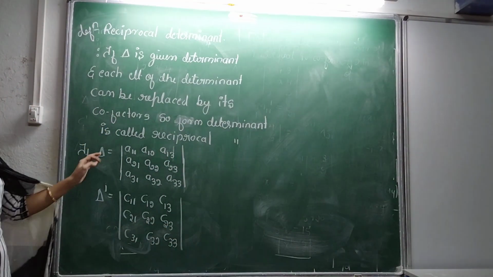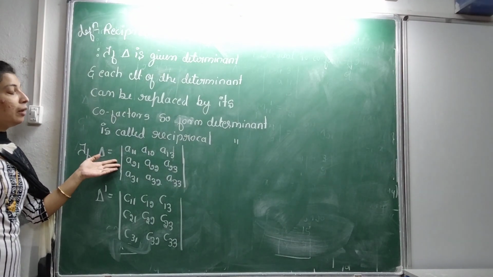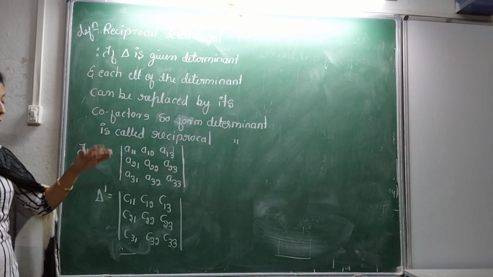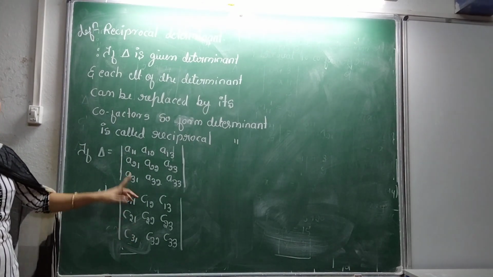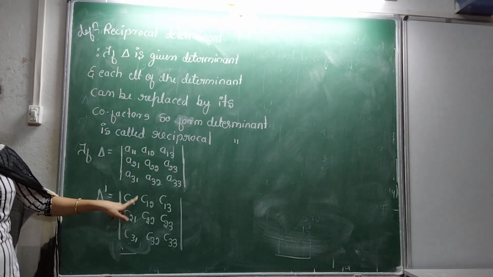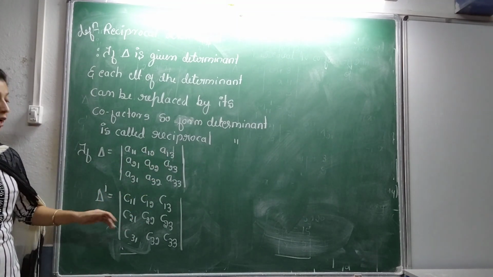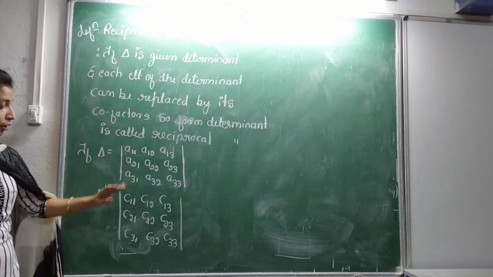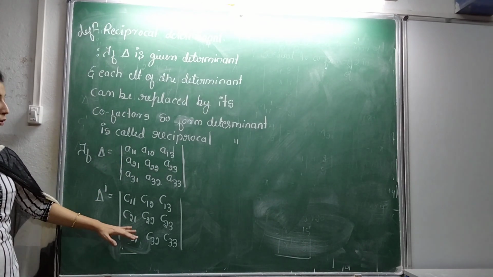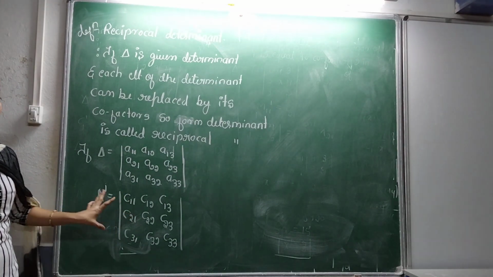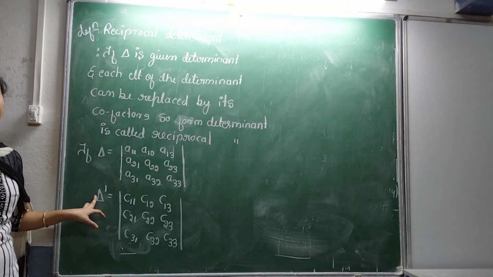It means each element of the given determinant can be replaced by its cofactor. A11 can be replaced by C11, A12 by C12, A13 by C13, and similarly the second row and third row. So the newly formed determinant is called the reciprocal determinant.